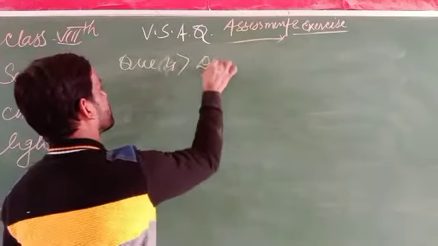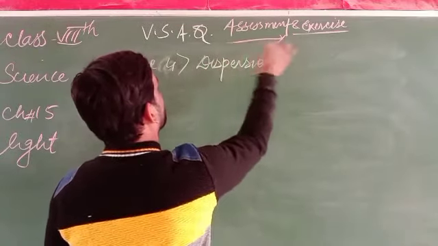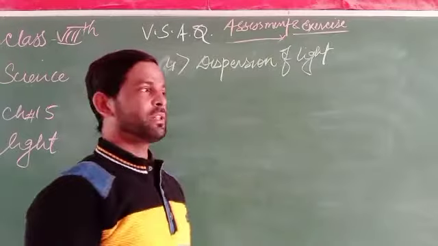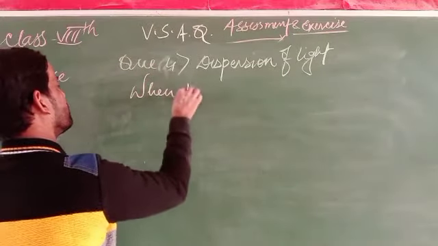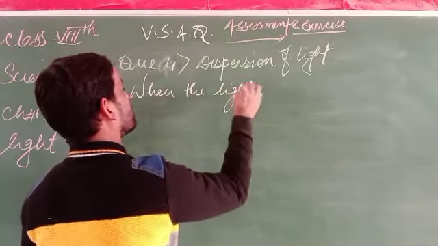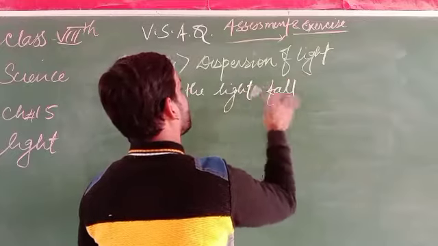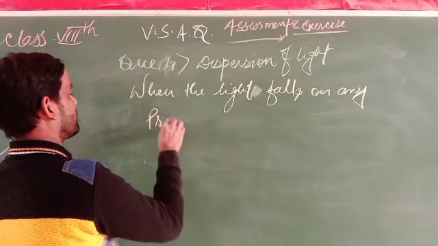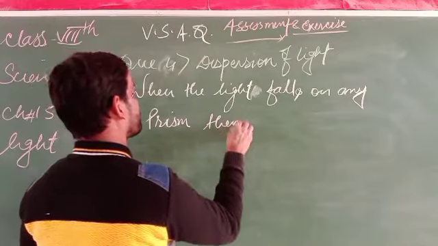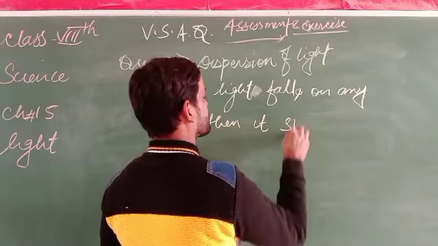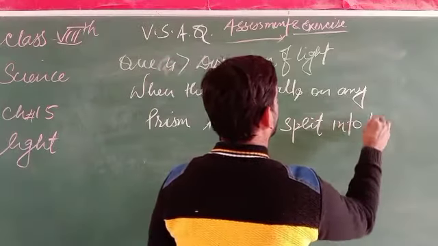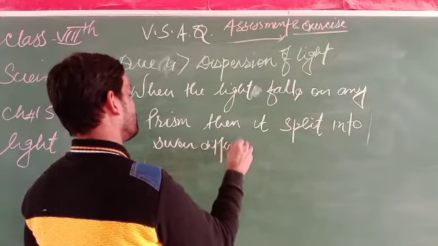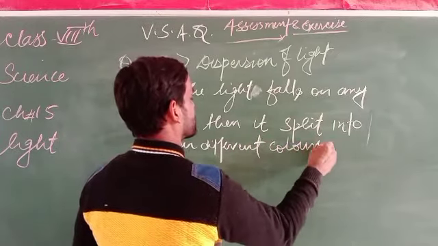Answer: dispersion of light. When the light falls on any prism, then it splits into 7 different colors.